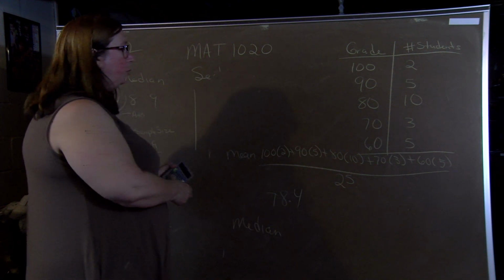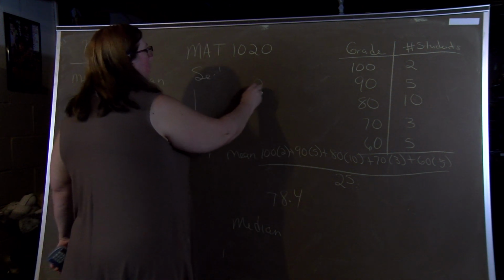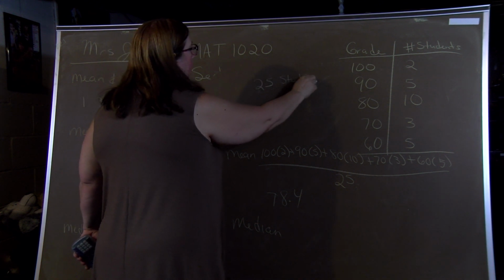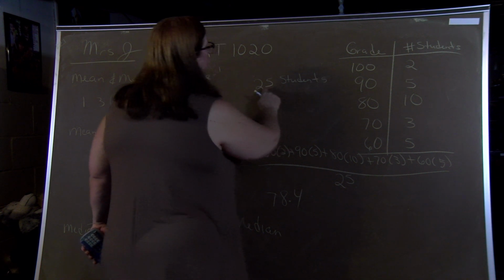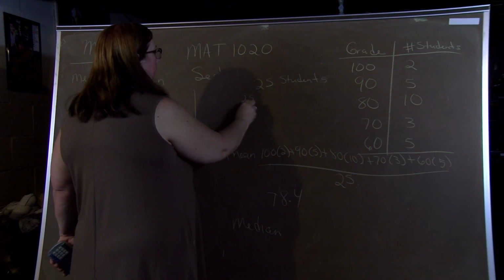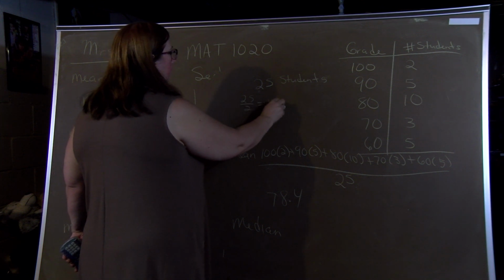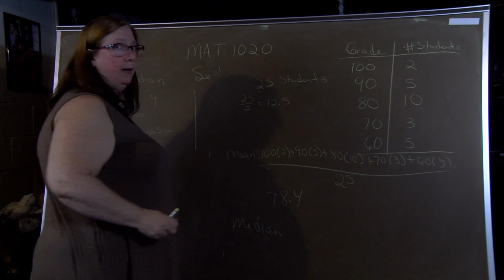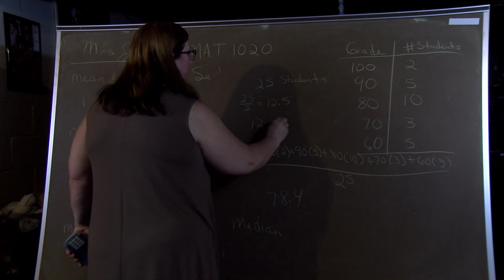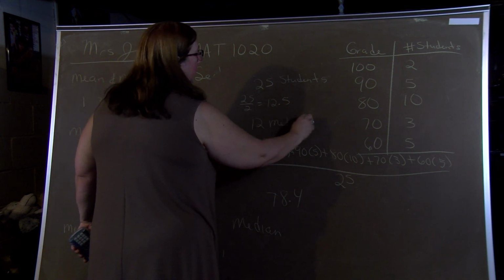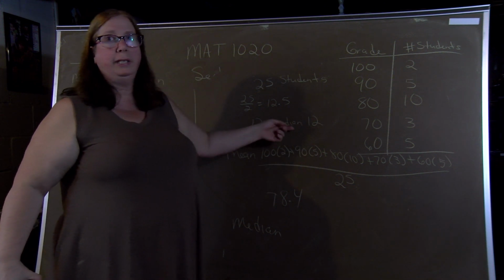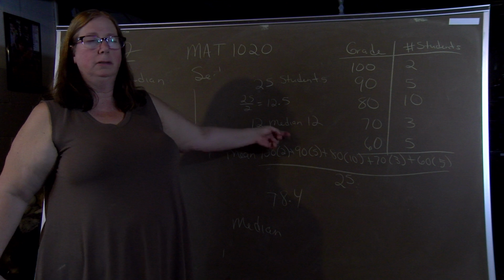Well, if we know there's 25, if you divide 25 in half, you get 12.5. So that would mean 12 students, the median, and then 12 more students. 12 and 12 is 24, the median makes 25.